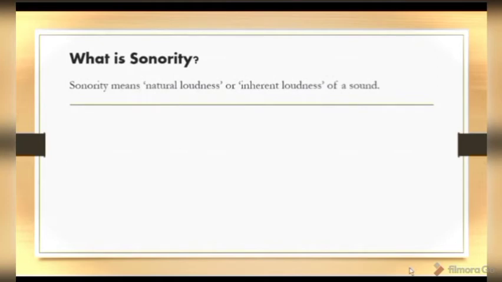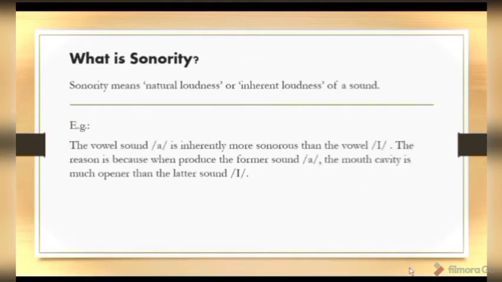Sonority means the natural or inherent loudness of a sound. For example, the vowel sound a is inherently more sonorous than the vowel i, because when producing the former sound, the mouth cavity is much more open than for the latter.